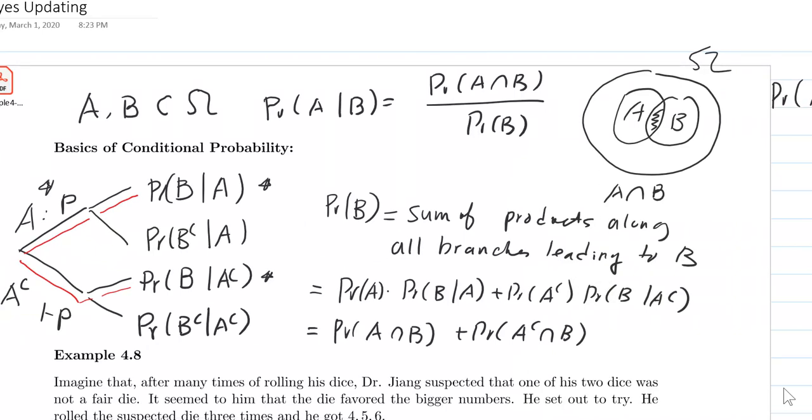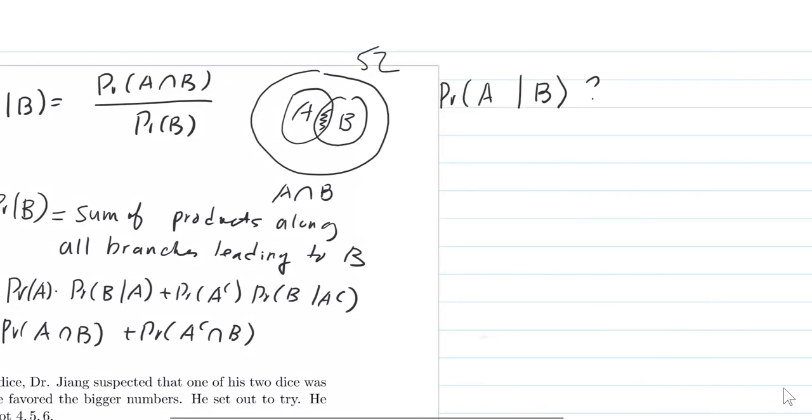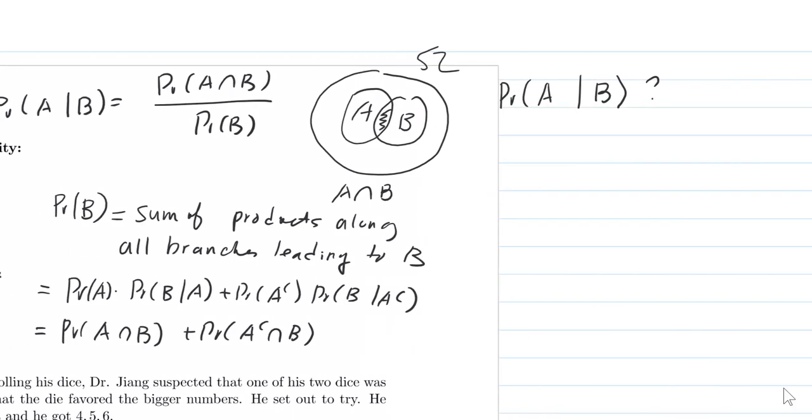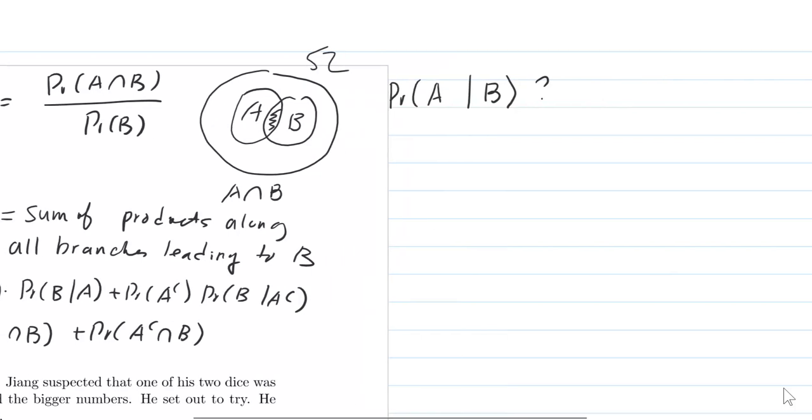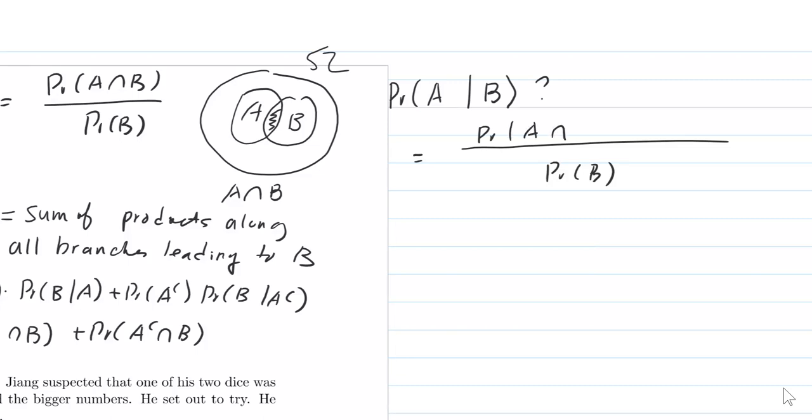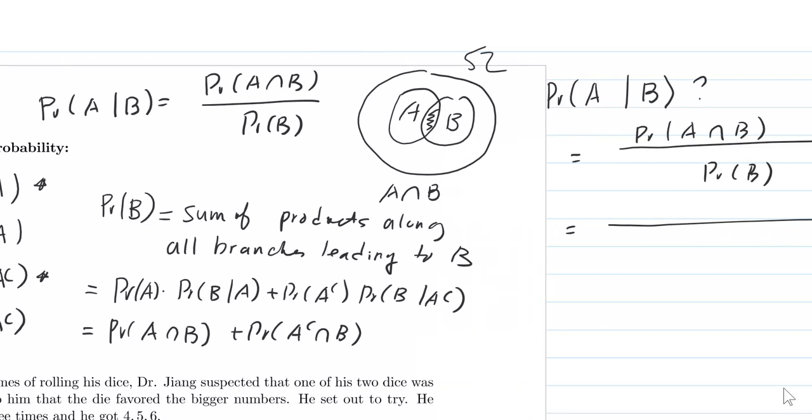But on the other hand, we can use the Bayes formula, the total probability formula, to find it. And this one over here is equal to, of course, the probability of B at the bottom, according to the conditional probability formula. And on the top, we have the probability of A intersect B. And then we look at what we have on the left-hand side.